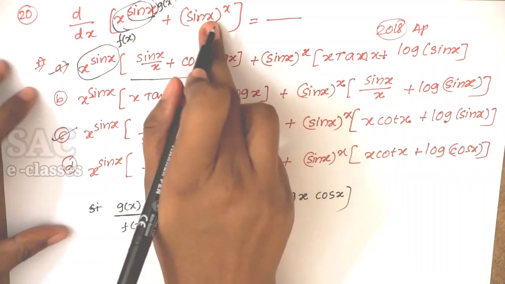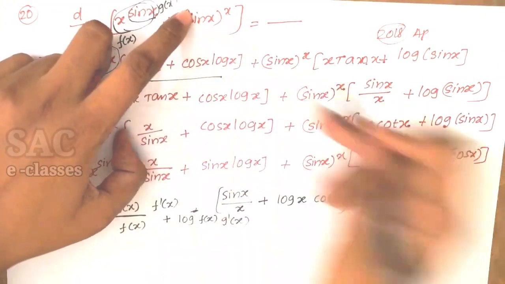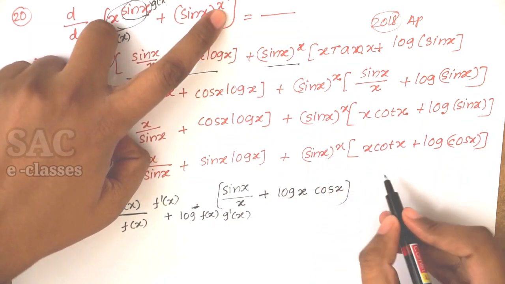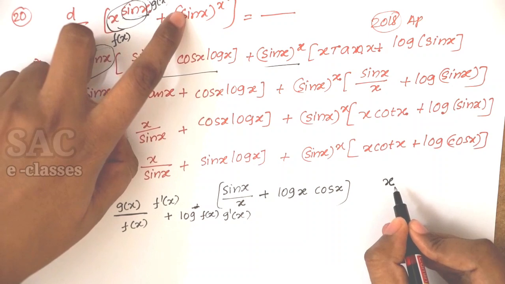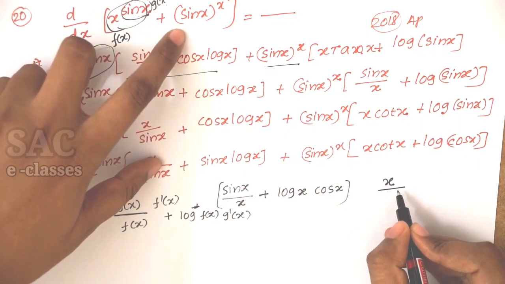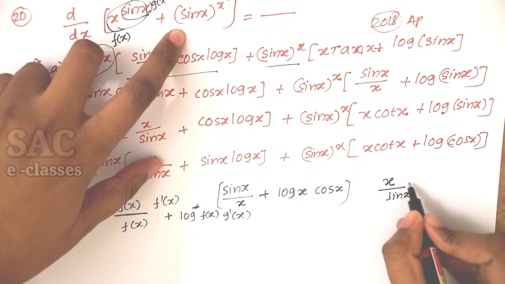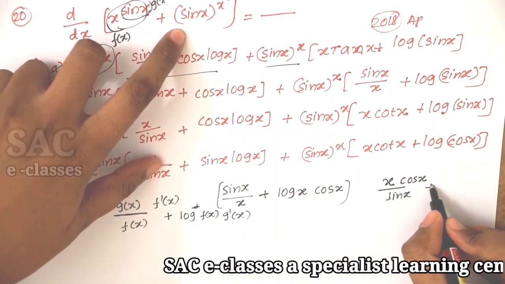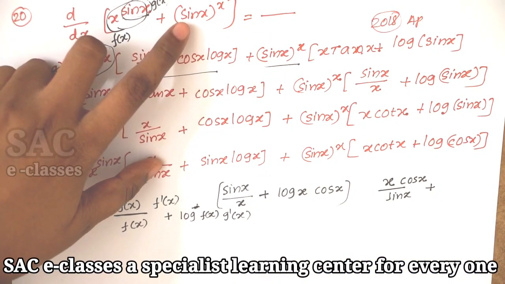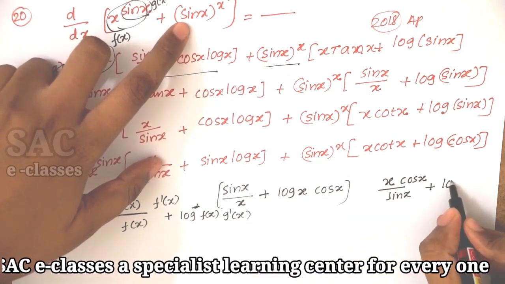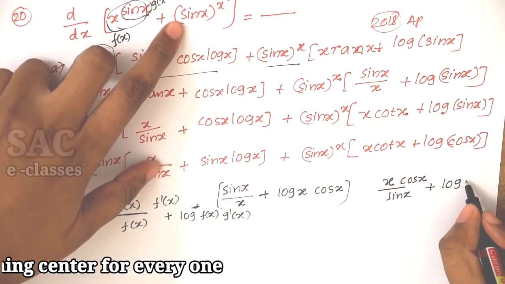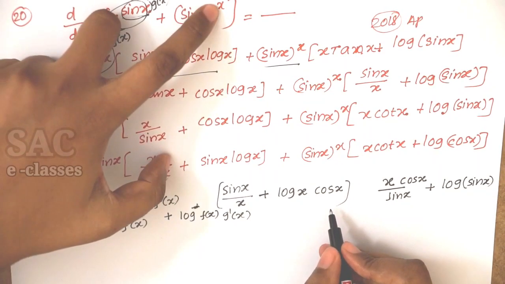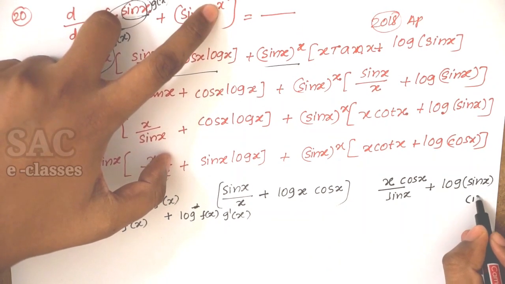Go for the same for the sin x whole power x. What I told you now? This is a repeat, and write g of x, which means x into, by f of x means sin x, and its differentiation, sin x differentiation is cos x, plus, after writing that, you're supposed to write log of f of x means log of sin x, and g dash of x, which is 1.